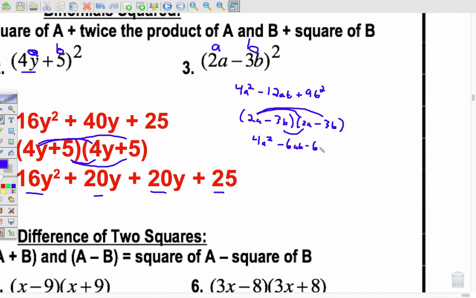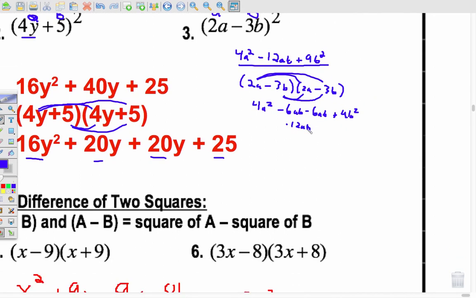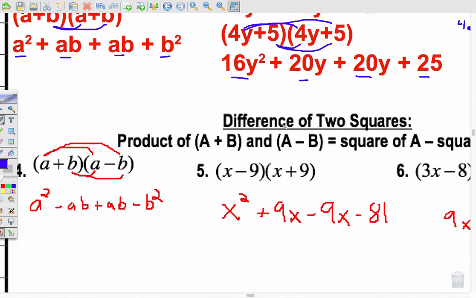Do it here, you have another negative 6ab. And then the last one, you would have a positive 9b squared. That would combine to be negative 12ab, which is where we got our answer using the property.